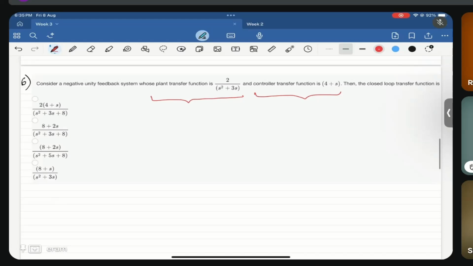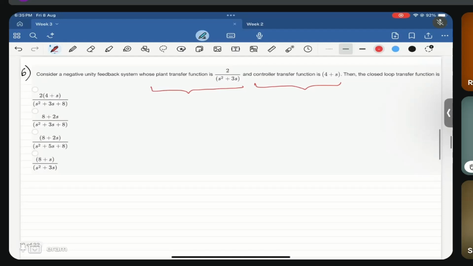Any answer? So for a general closed loop system, how can we represent the block diagram? We have a plant transfer function first, then some output we get. Now if it is a closed loop system, there is a feedback whose transfer function is H(s).